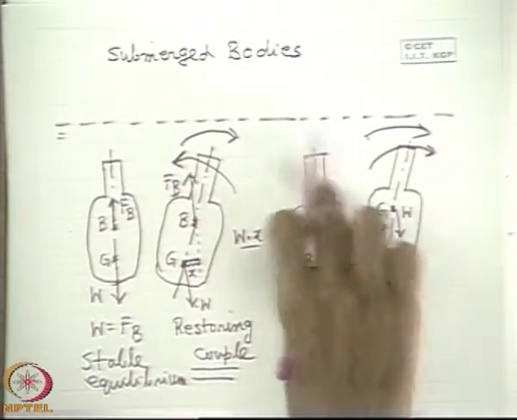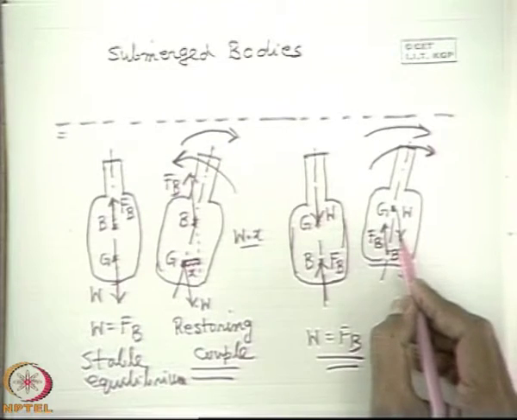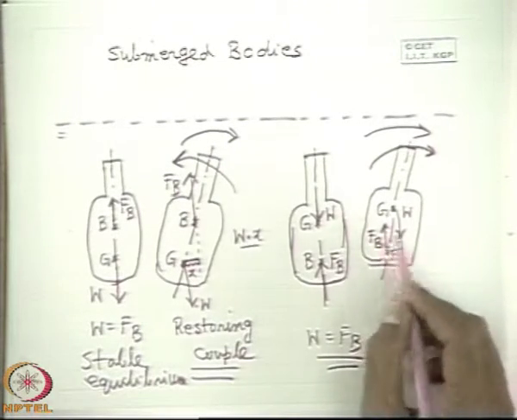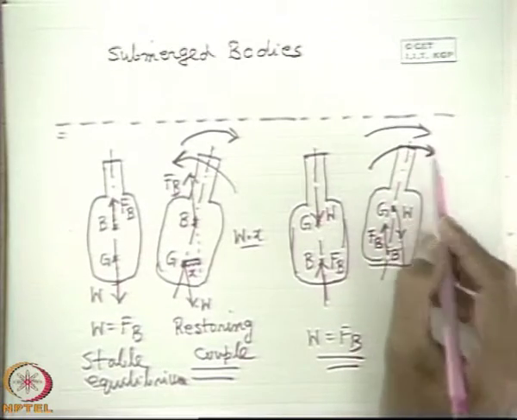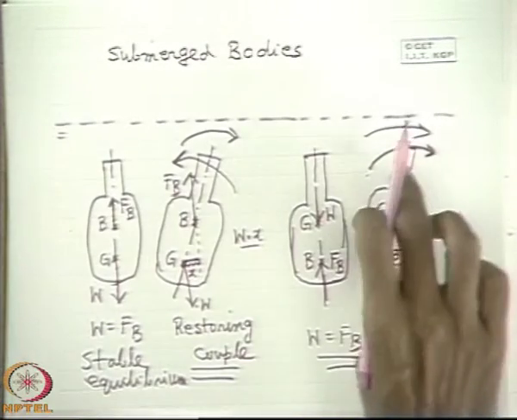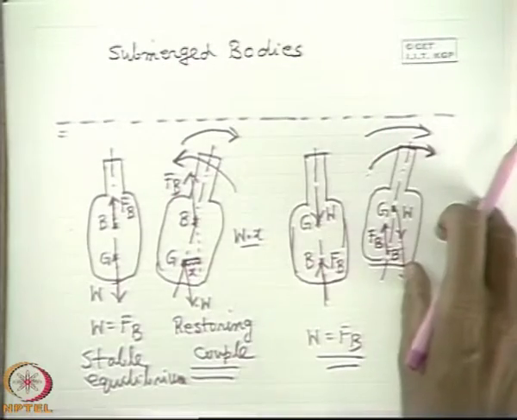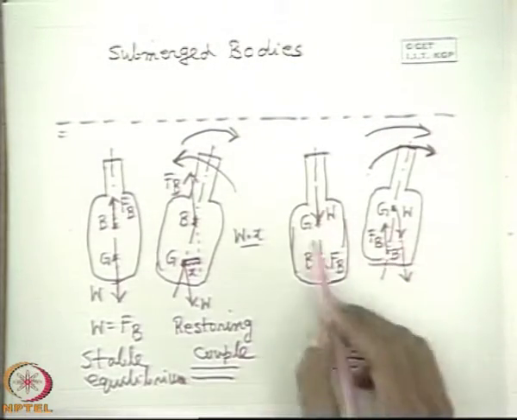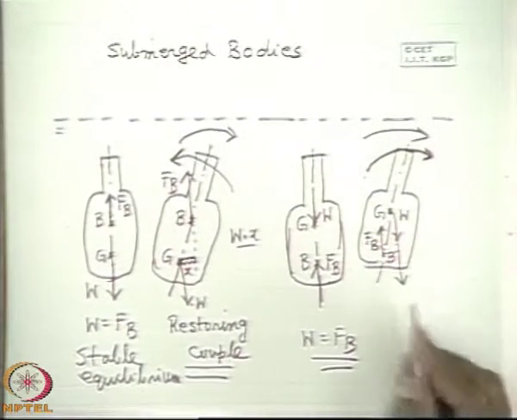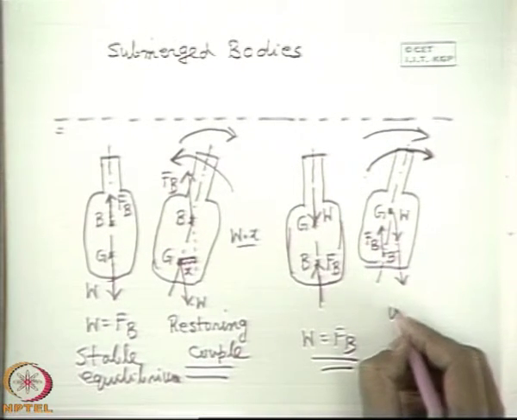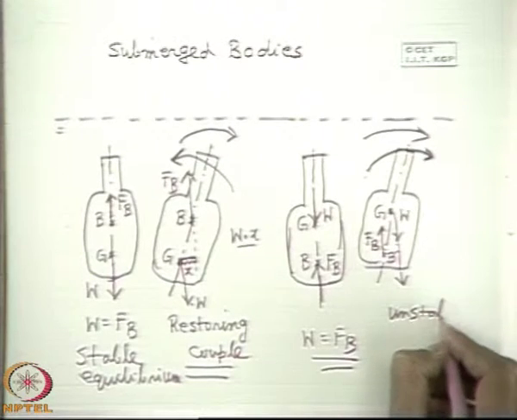That means when you give a tilt in this case, the two forces FB and W, whose collinearity is destroyed, create a moment, or couple, in the same direction and help the body to tilt further. Therefore the body departs from its original position further and further and equilibrium is never attained. This case is known as unstable equilibrium.